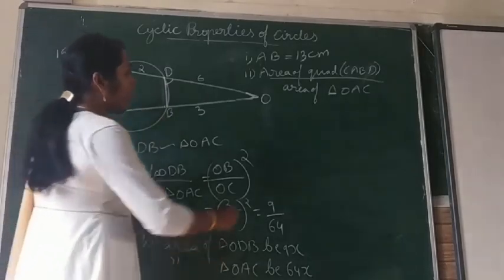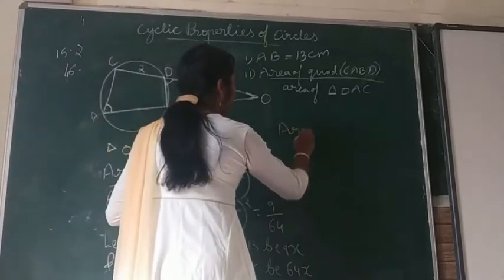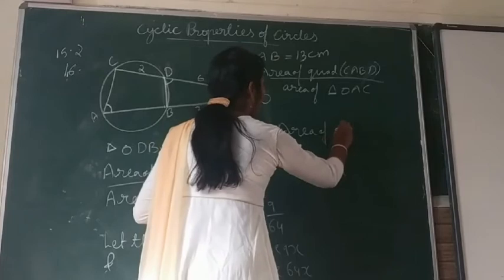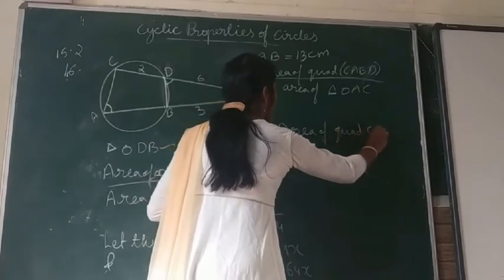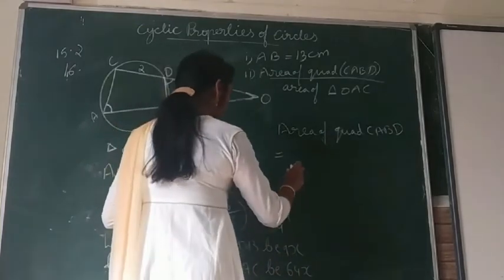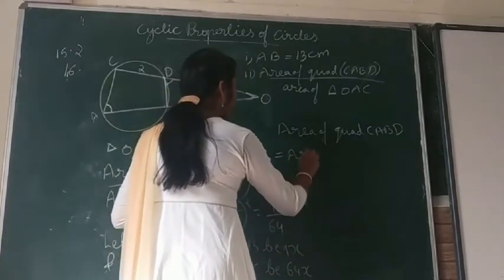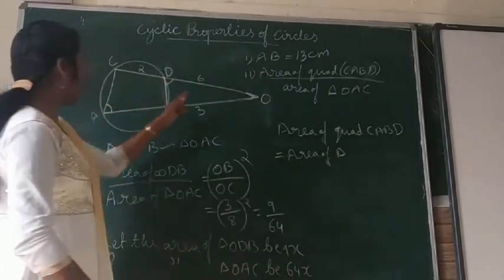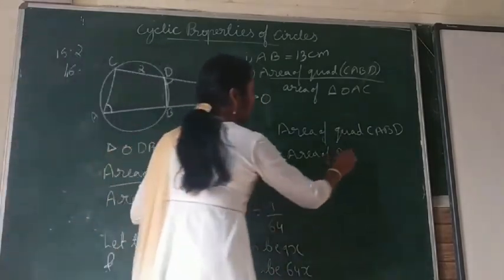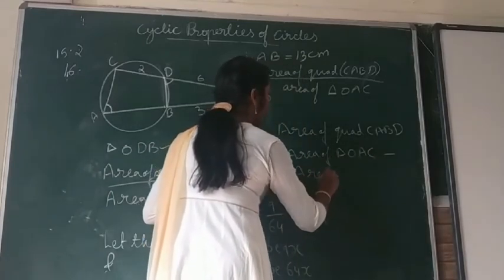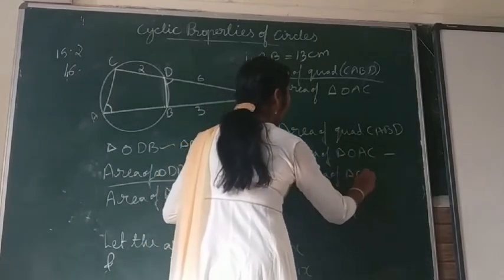Area of quadrilateral CABD is equal to area of triangle OAC minus area of triangle OBD.